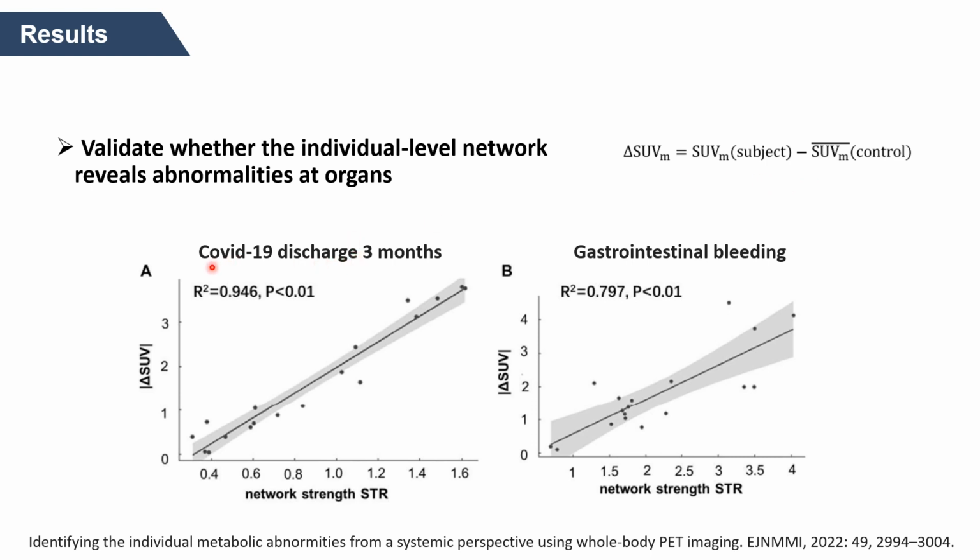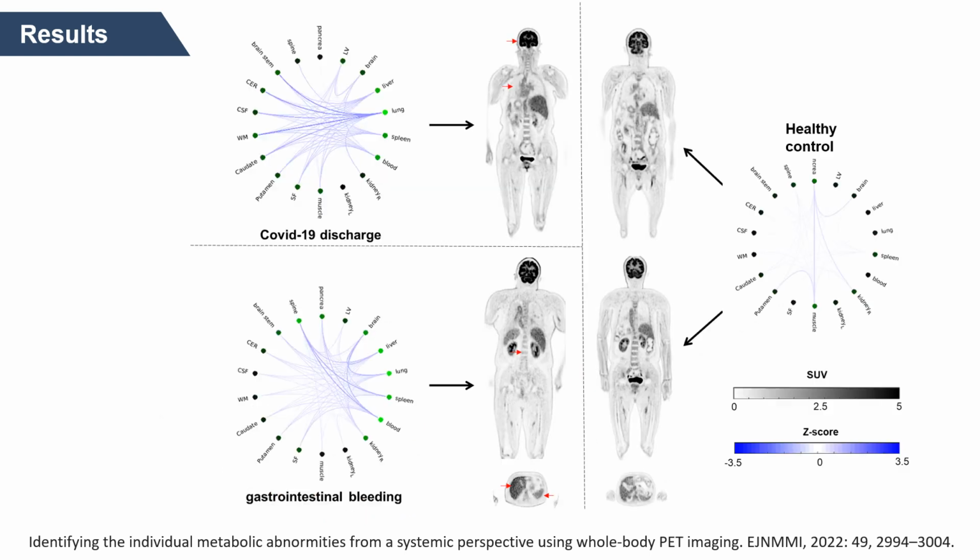On the left is a subject discharged from COVID-19, and on the right is a subject with gastrointestinal bleeding of unknown reason. For these two individual subjects, the change of SUV, delta SUV, was found to be significantly correlated with the network strains at all organs.